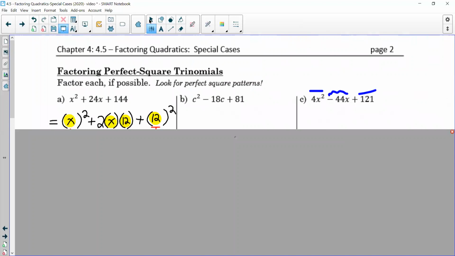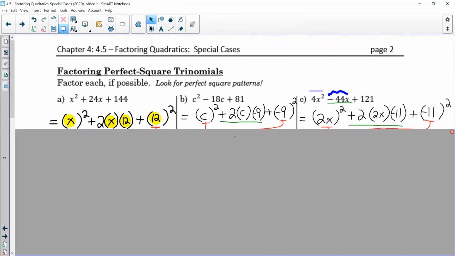So once again, we're going to check. We know that 2 squared will give us 4. X squared will give us x squared. So we know that 2x all squared is part of the pattern that we're going to use. The 121, why are we using 11? Well, or negative 11, again, because we have a negative sign here with the middle term. So we're going to test the negative 11 and square that.